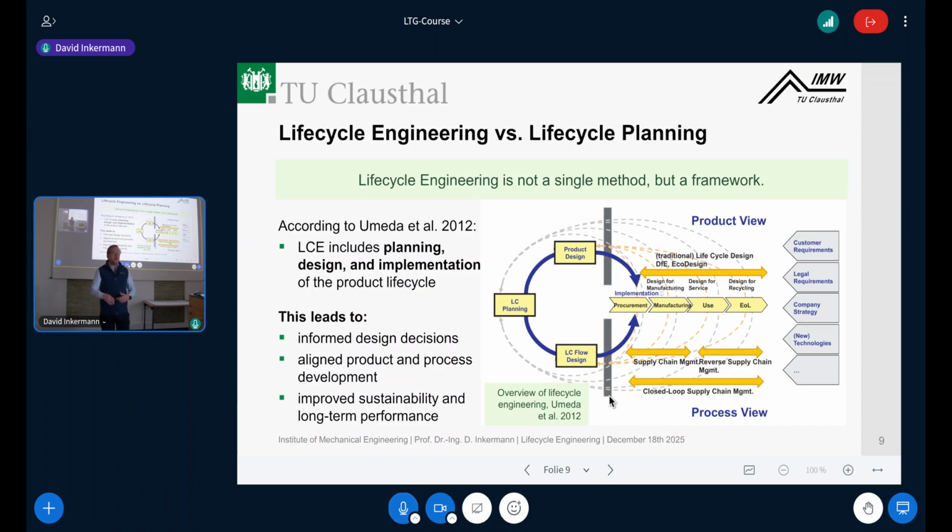And we have to consider this from a product viewpoint, so designing the product in a way that it is good in use, that it is easy to recycle, for instance.